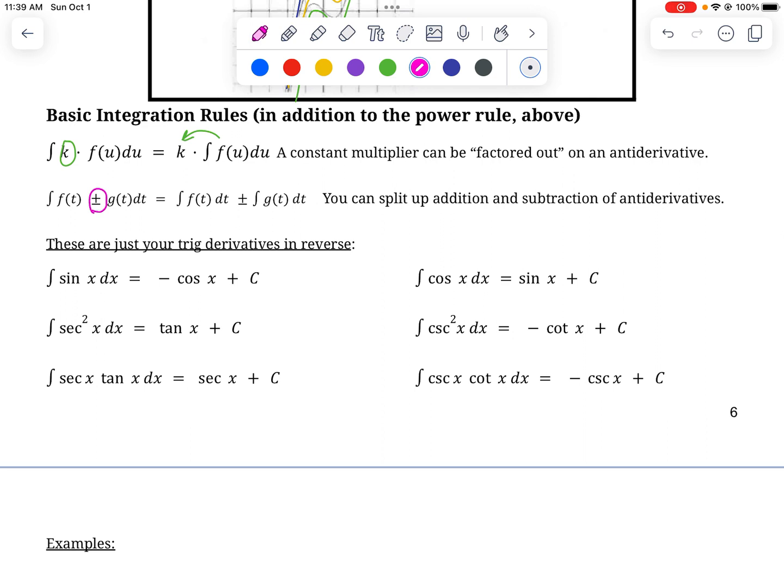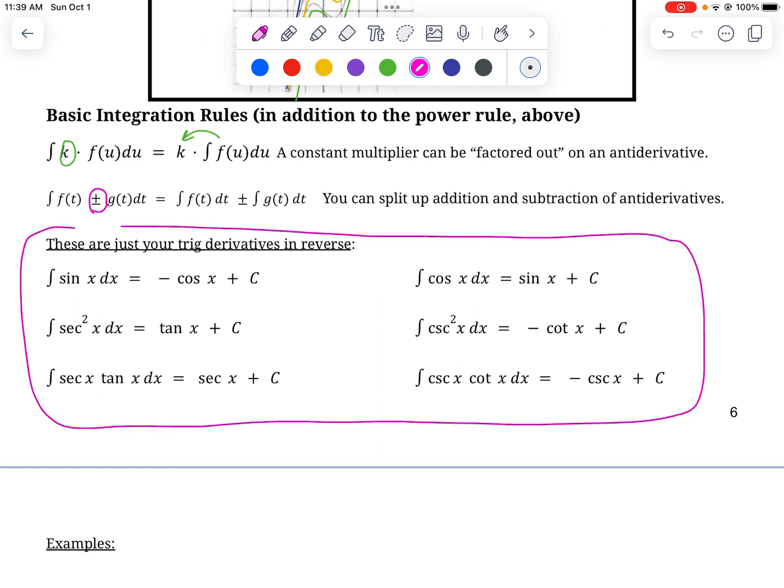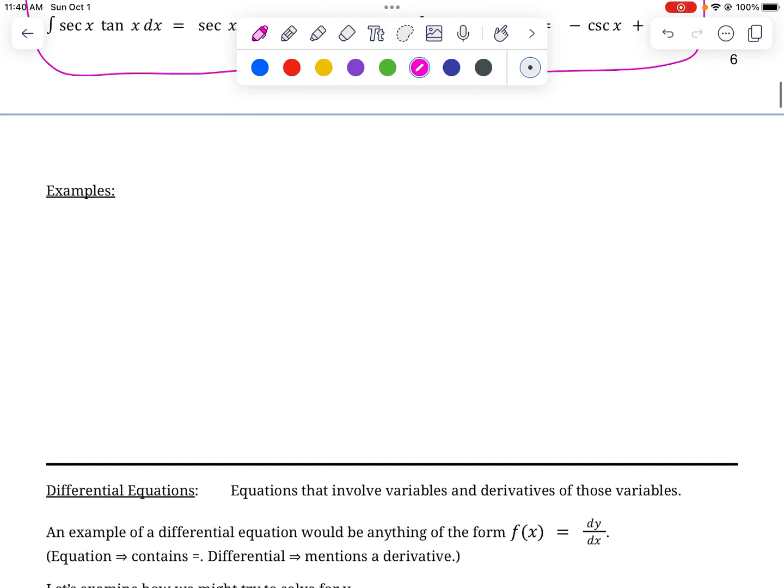All right, so these are just your trig derivatives in reverse, so none of this should be new or shocking. We know the derivative of sine, we know the derivative of cosine, et cetera. These are just stated backwards. Like the derivative of tangent is secant squared. So the integral of secant squared is tangent plus a constant, right? So this is not new math. This is just saying things backwards, okay?